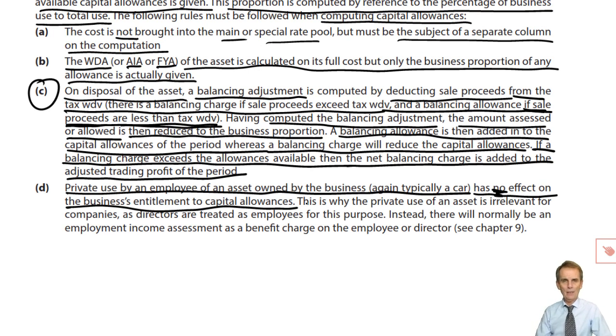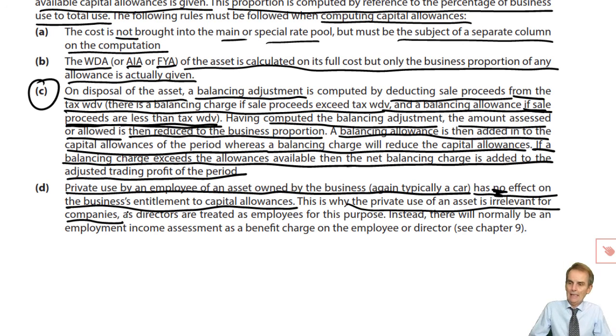What we have just been dealing with is, in terms of the non-pool asset, only where it is private use by the owner of the business, the proprietor. Private use by an employee does not impact on your capital allowances whatsoever. This is why the private use of an asset is irrelevant for companies where there is no proprietor.